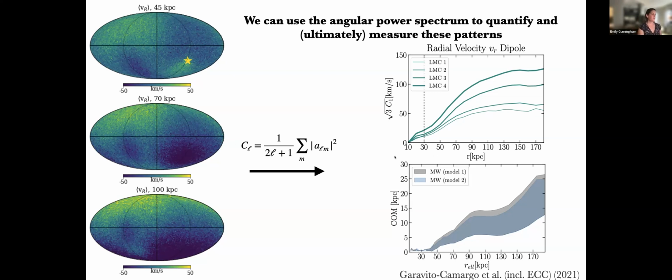But he found that there's a radial velocity dipole in all of the simulations, as a result of this interaction, that increases as a function of distance. He tried 4 different massless LMCs. And this is indicative of the fact that the center of mass of the Milky Way, the Milky Way disk, has been dislodged from the center of the Milky Way outer halo. And so you have this perceived net motion of the outer halo with respect to the inner halo, and that's this reflex motion.